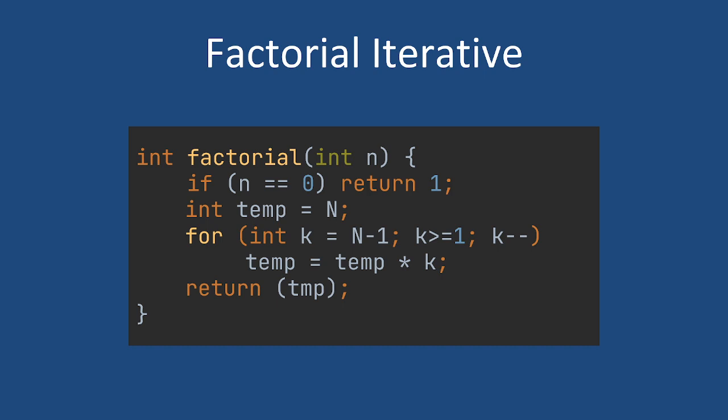If n is equal to 0, 1 is returned, and we take a variable temp as n, and we keep on multiplying it from n to 1 in an iterative manner, and then finally temp is returned, right? There would be a small e here. So temp is returned, and this is quite intuitive, quite easy to grasp.